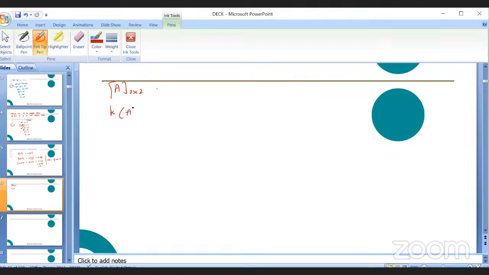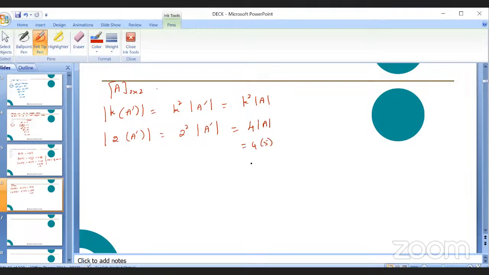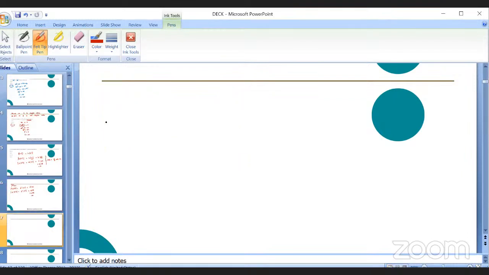K into A transpose determinant will be equal to K square into determinant of A transpose. So if you have 2 into A transpose, that will be equal to 2 square into determinant of A transpose. That will be 4 into determinant of A. Determinant of A is 5, so it will be 20. But this is for matrix of order 2 by 2.